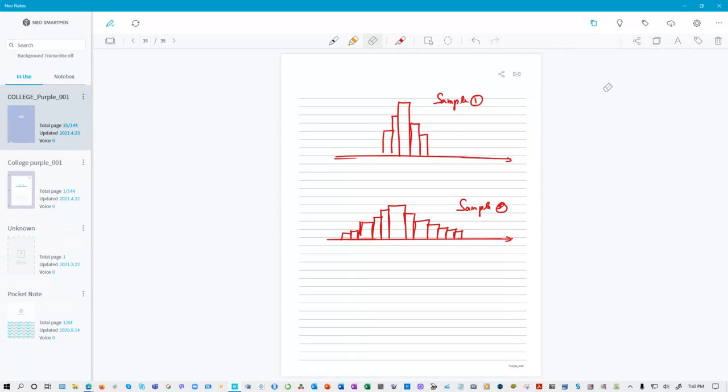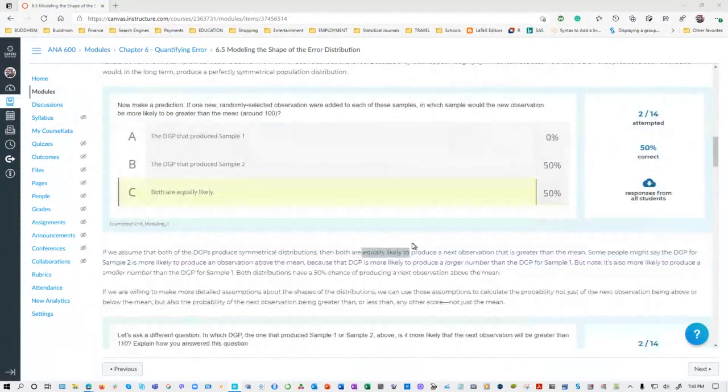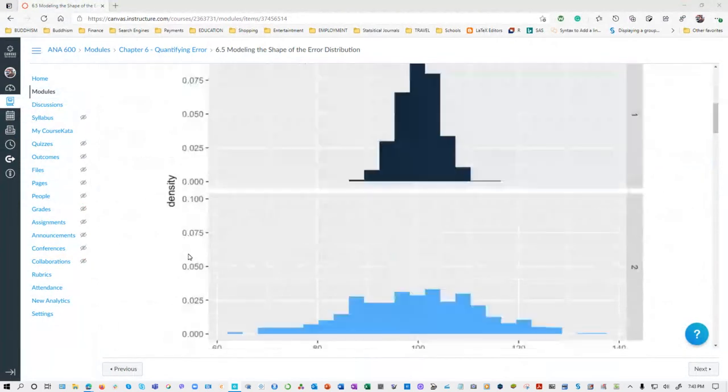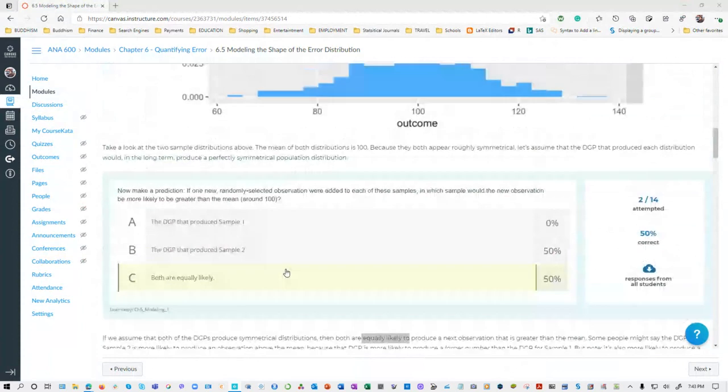They both have a mean of 100. If you add a new observation, in which distribution would it be more likely to be greater than the mean?